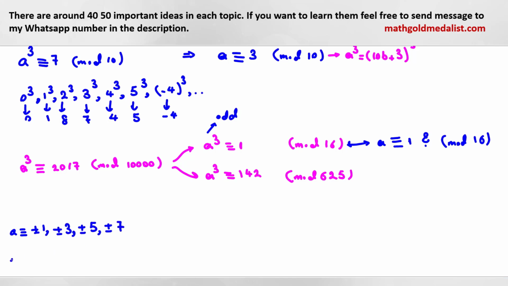And plus minus 7. Yes. So A cubed for the first one is plus minus 1, right? For the next one, 3 cubed, 27. 27 mod 16 is what? Plus minus 9? No, not 9. Oh, sorry. 9 or 7? Not minus 7.